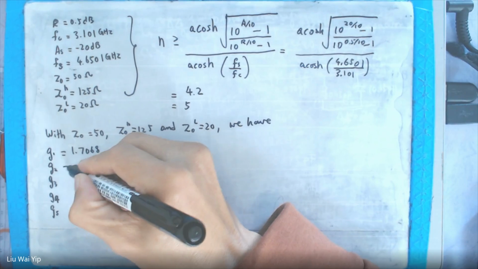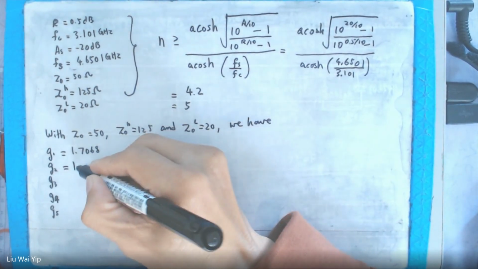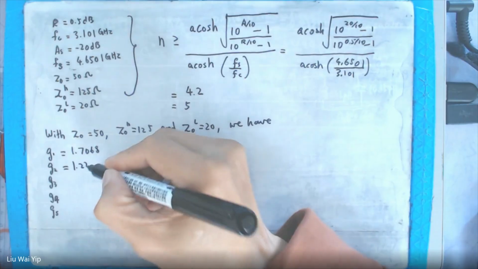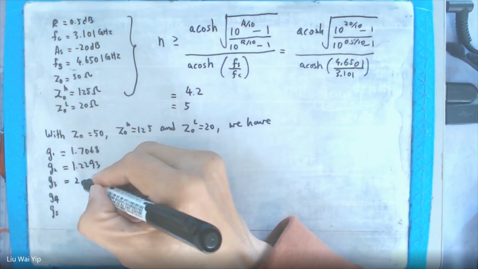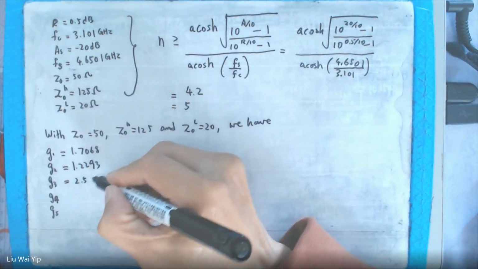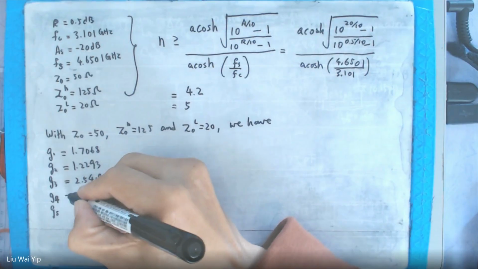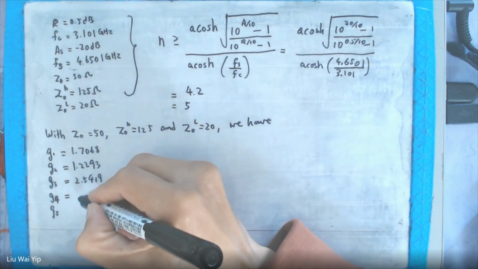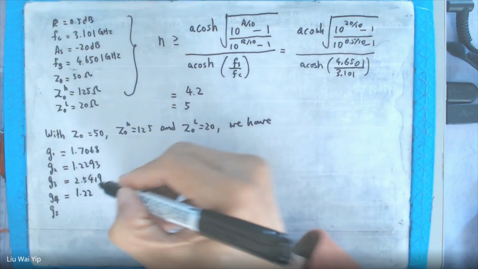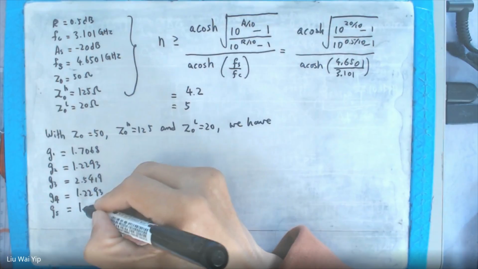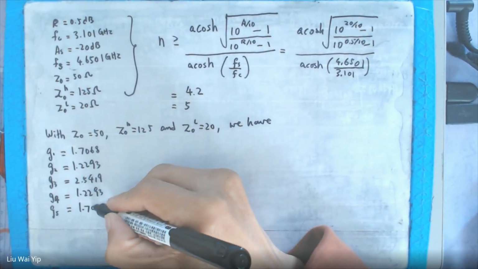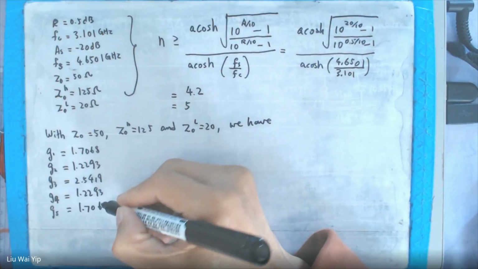1.7058, 1.2296, 2.5408, and then 1.2296, and then 1.7058.